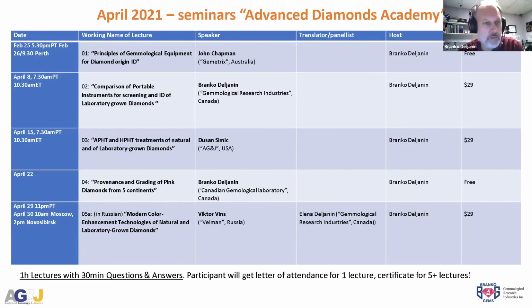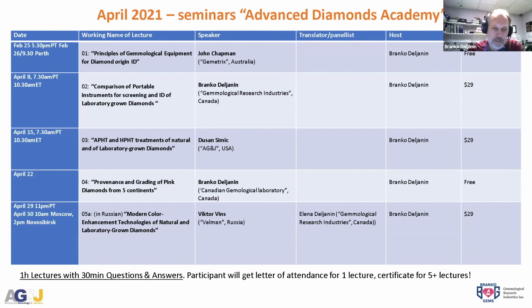Then I'll talk about different portable instruments, which we touched on today a little bit, but there are many more. I studied 7 last spring, another 3 or 4 in the last few months. And Dusan Simic will do one lecture every week. Dusan Simic will talk about APHT, atmospheric pressure, and HPHT, high pressure, high temperature, of natural and laboratory-grown diamonds.